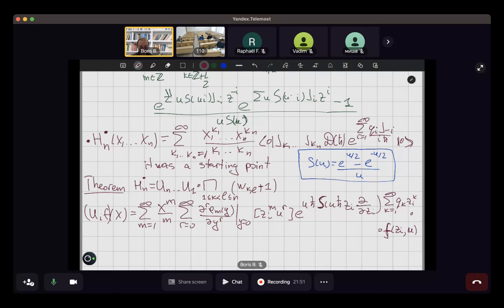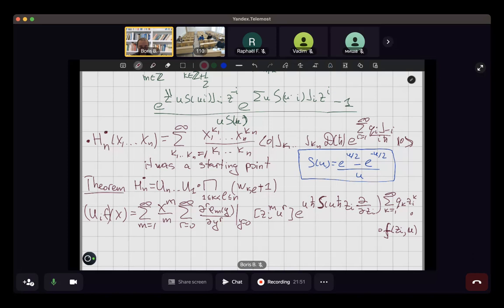Это было позапрошлый раз. Мы поняли, как коммутируют их экспоненты даже. А как с ними коммутирует D-оператор, непонятно.